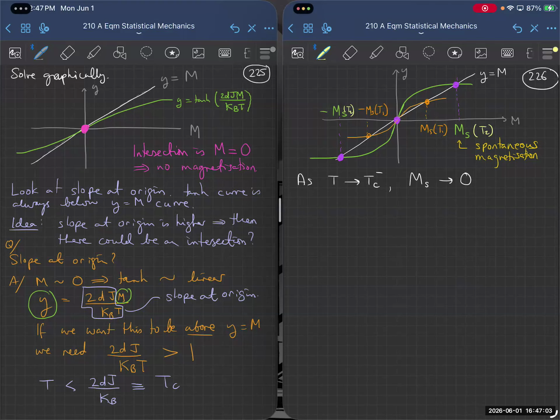And in these pictures here, T2 is less than T1, is bigger than 0, and then both of those are less than Tc. So as I get closer and closer to Tc from below, the point where the intersection occurs moves closer to the origin.